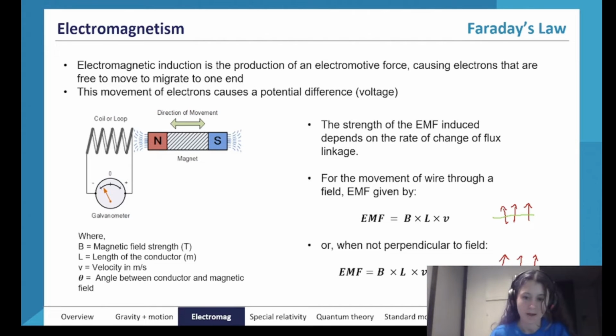However, if the wire is at a diagonal, then some of the field's components are going to be missed because this wire now has components that are in the same direction as the field, meaning that they're not experiencing anything. Of course, if a wire is just like this and it's parallel with the field, then none of the lines are intercepting with it. So that's why we need to consider this sine theta.